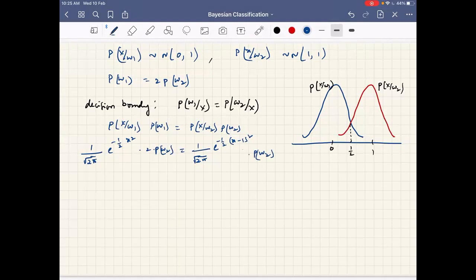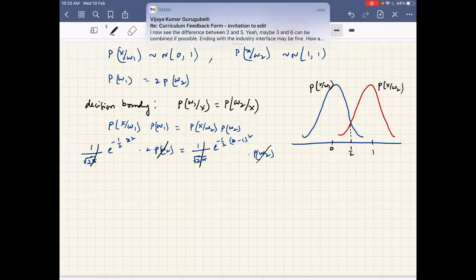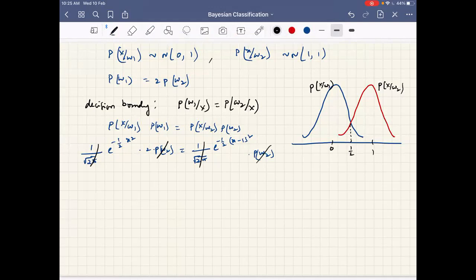While simplifying, what do I do? I take log here, correct or not? To simplify this, because an exponential term is there, I will take log. So minus half x square plus ln of 2. This log is with base e, so I have written ln. Ln means log with base e.